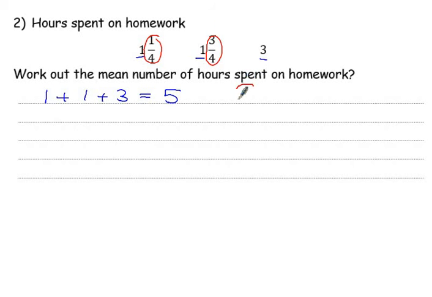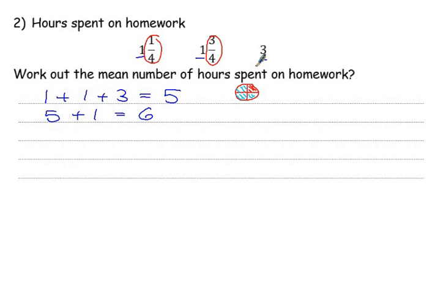Because if you think of it, if you split this up, and I have 1 quarter, and then I'm adding another 3 quarters to it, so it's 1 quarter, and 1, 2, 3 quarters, and it's clear to see that we actually have 1 extra whole. So then we can do 5, add the 1 extra from the fractions, is equal to 6. So I've added these 3 up, and we've got 6 hours.